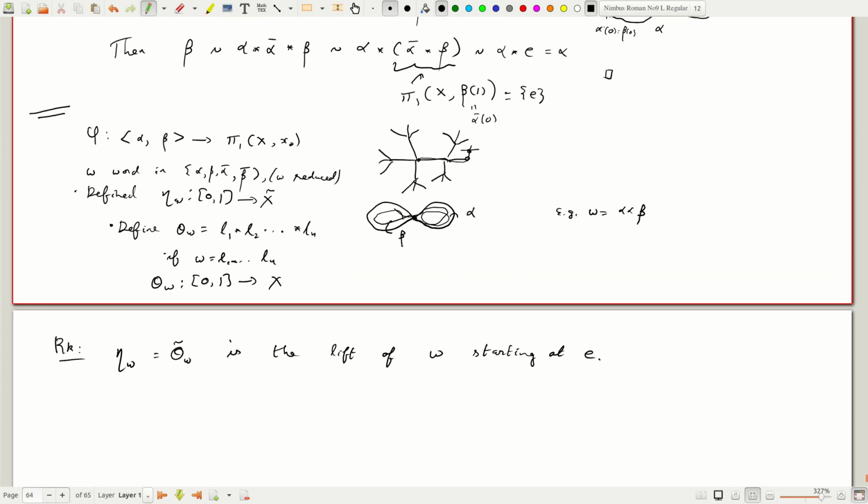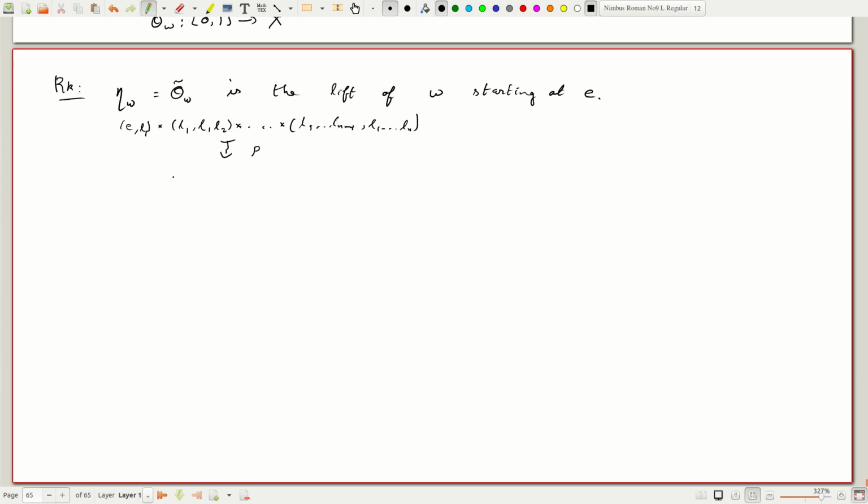So eta W had E, L1, star L1 L2, star etc. star L1 all the way to Ln minus 1 and L1 all the way to Ln, and this maps under the projection map P, projection meaning covering map P, to simply L1 star L2 star so on star Ln, and this is going to be theta W. Okay, so this is the key point. So we now know the lift. So once we have all this, as you would expect, we are set. We want to show this.